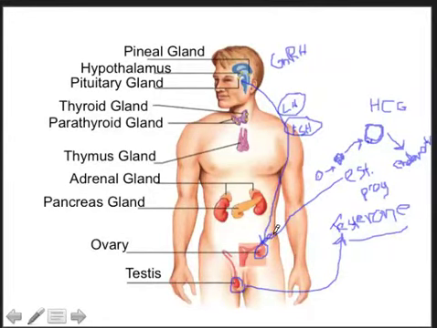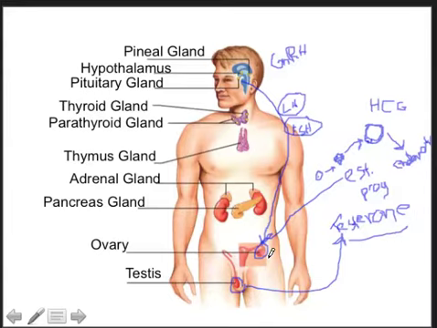And as it disappears, the yellow body in the ovary, the corpus luteum, will eventually no longer be needed, and it will transform into a white mass called the corpus albicans, and will no longer be a hormone-secreting structure.